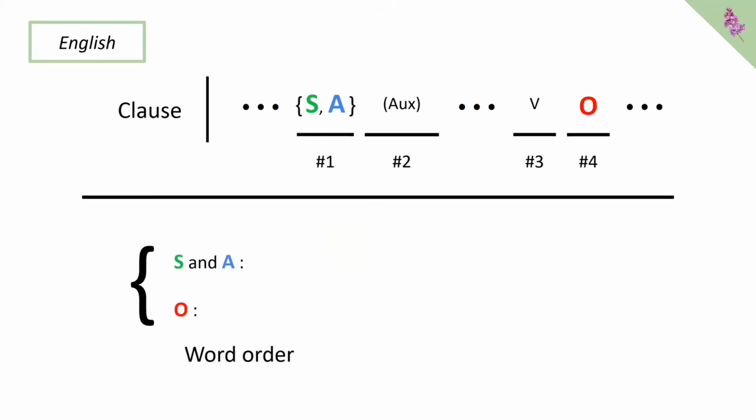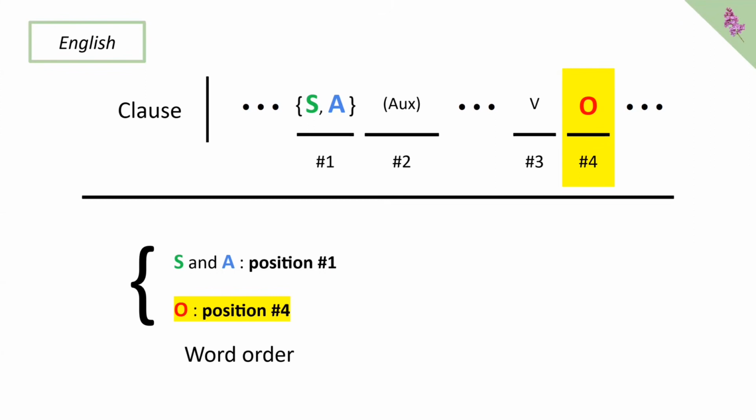If we take a step back and look at all the observations about English word order we've made thus far, we notice something interesting. S and A arguments occupy the same clausal position, that is, position 1, while O arguments occupy a different one, i.e., position number 4.